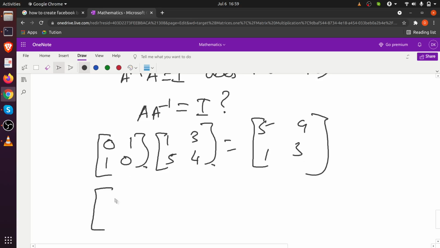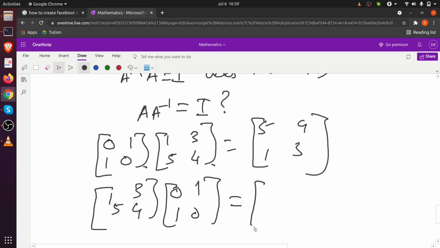But if you multiply that same matrix on the right hand side, we will get 3 1 4 5. It's a column multiplication. So this column selects the second column, and this column selects the first column. So these are not equal; obviously this matrix is not equal to this matrix. So matrix multiplication is not commutative.